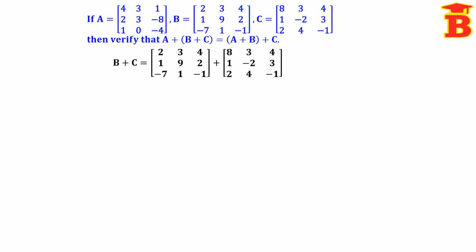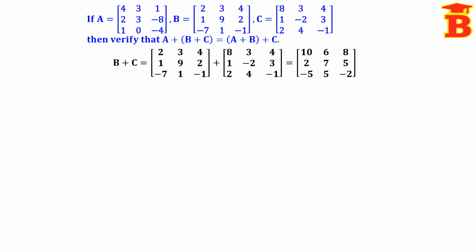We have to add corresponding elements. Adding the first row: 2 plus 8, 10. Next 3 plus 3, 6. Next 4 plus 4, 8. Next we add the second row elements: 1 plus 1, 2. 9 minus 2, 7. 2 plus 3, 5.